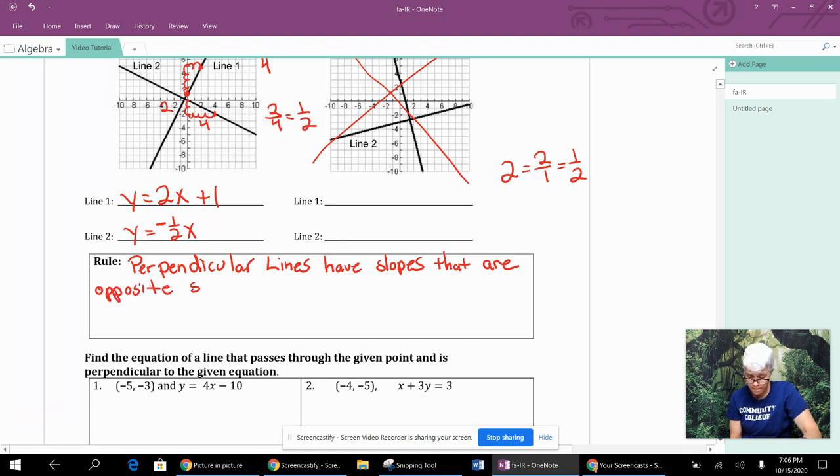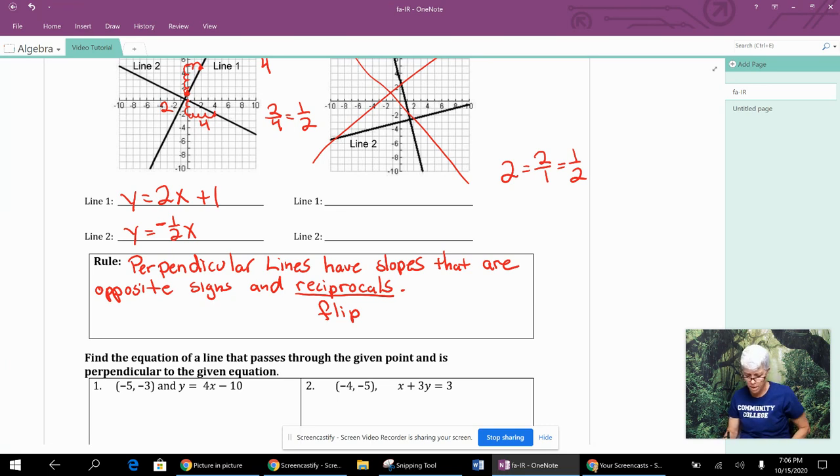Remember that. And reciprocals. So reciprocals means you flip it. So just remember that. We'll practice it quite a few times because this is kind of an involved assignment.